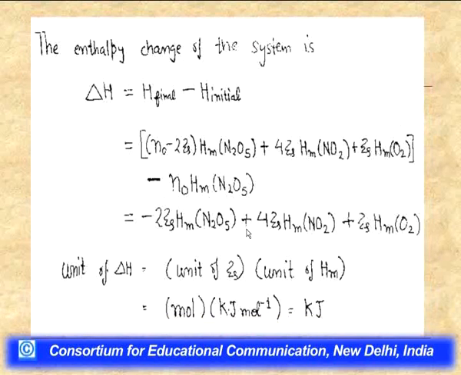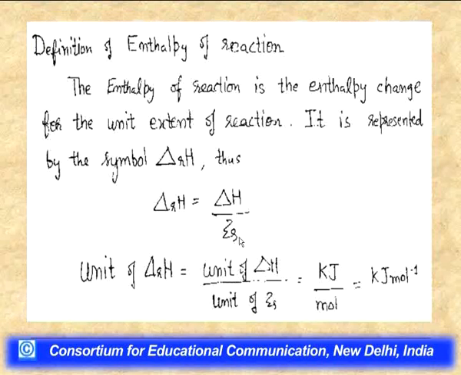So therefore in this equation, on the right hand side, if we take xi common from all these right hand side terms, and then we take this xi to the denominator of the left hand side, we would get delta H by xi. That is equal to delta RH, or in other words the reaction enthalpy.